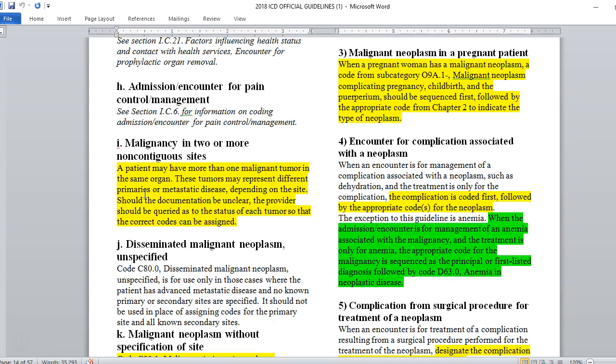When the encounter is for management of anemia associated with the malignancy, and the treatment is only for anemia, the appropriate code for the malignancy is sequenced as the principal or first listed diagnosis, followed by D63.0, anemia in neoplastic disease. So again, in general, unless it's anemia, the complication gets coded first, then the neoplasm. If it's anemia, then anemia gets coded after the malignancy, okay?